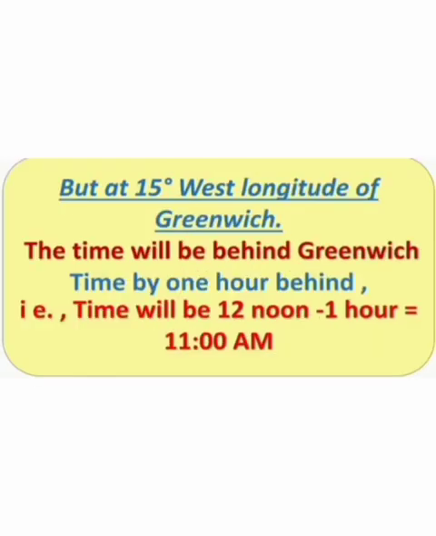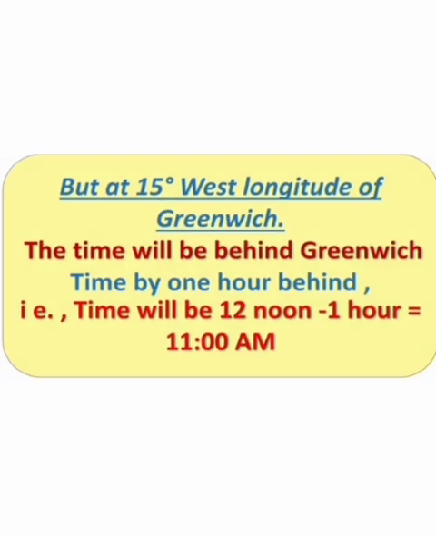But at 15 degrees west of Greenwich, the time will be behind Greenwich time. You know, the time will be behind Greenwich because we are talking about the west, that is the left side. The calculation is the same here as in the east. 1 degree is equal to 4 minutes, 15 degrees equal to 1 hour.